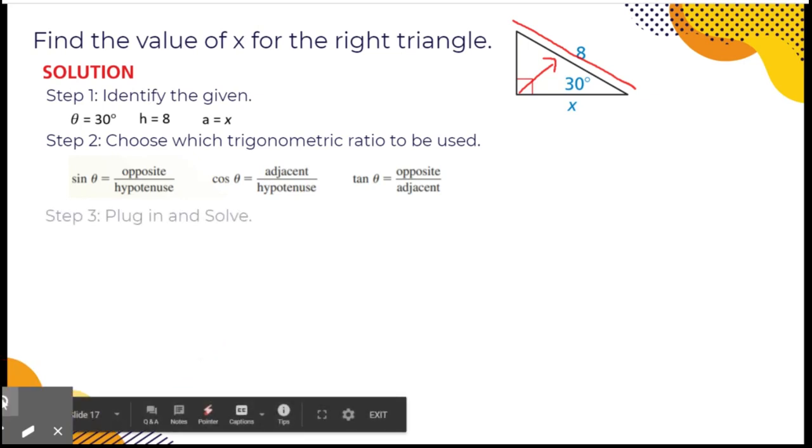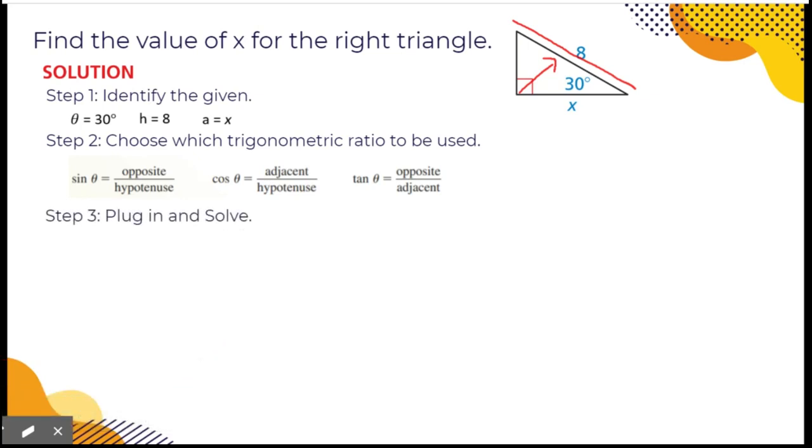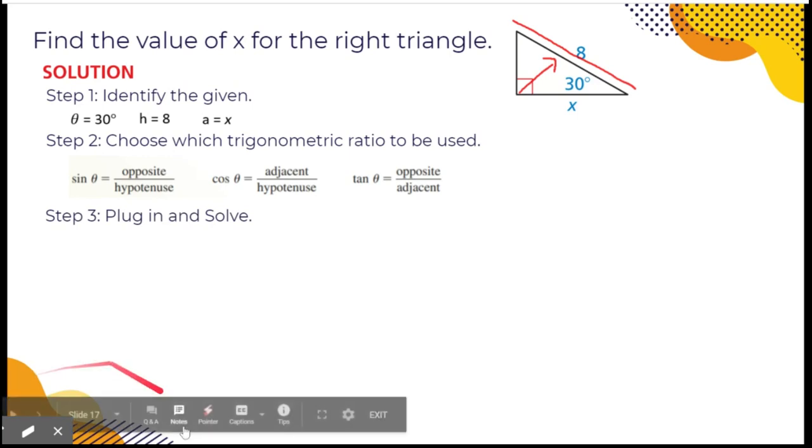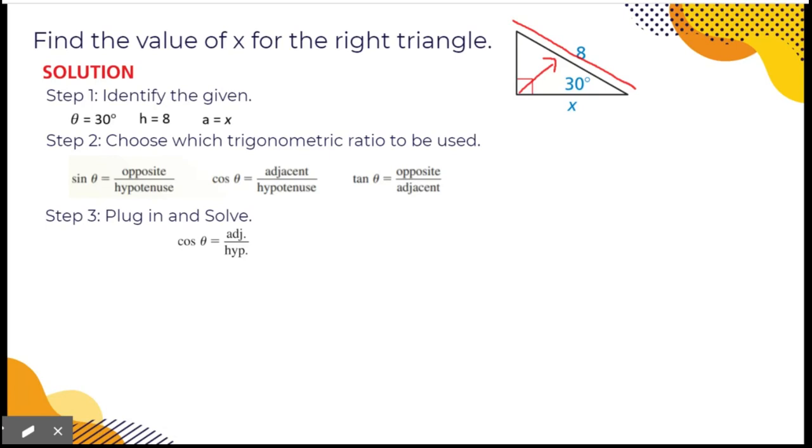For step number 3, we just plug in and solve. We will be using cosine theta because we do have adjacent and hypotenuse. We plug in the value of our adjacent and hypotenuse.